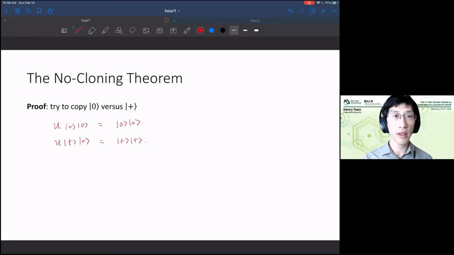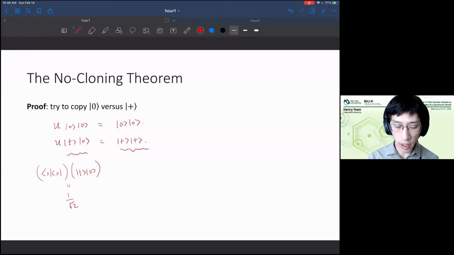But remember, one of the things we said earlier was that unitaries preserve inner products between states. So the inner product between these two states, if you calculate it, is 1 over square root 2. But on the other hand, the inner product between these two states is different.